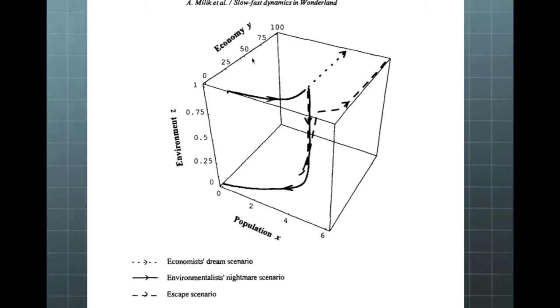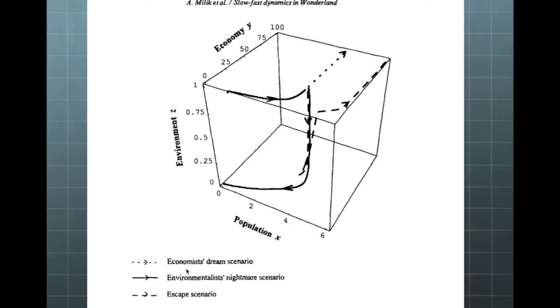So if you think about this cube as a space in which X, Y, and Z are coordinates of population, output, and natural capital, and you plot these over time, you can generate these paths or trajectories. This axis is increasing population, this axis is increasing economic output, and this axis is increasing natural capital. And so you can look at each of these scenarios plotted over time.